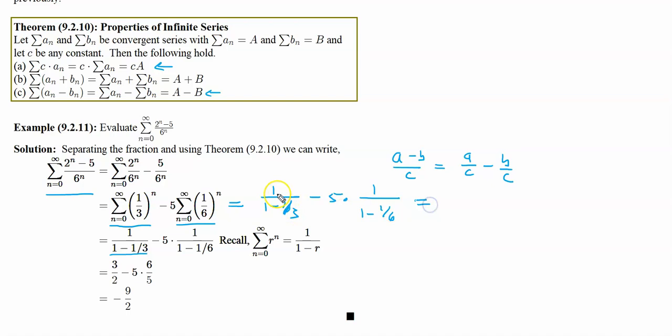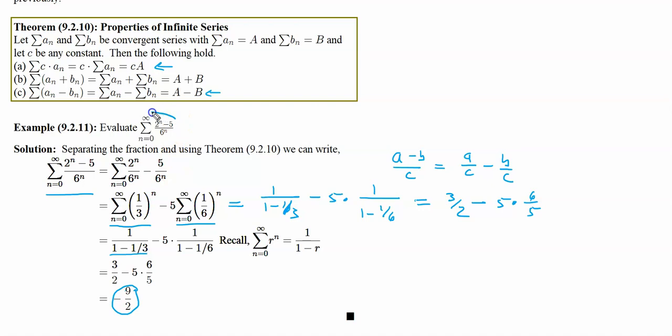And so you see this is going to be 1 over 2/3, so that's going to be 3/2, just like we have right here, minus 5 times 1 over 5/6, so that's going to be 5 times 6/5. That's exactly what we have right here. And then all of this simplifies to negative 9/2. And there's our answer.